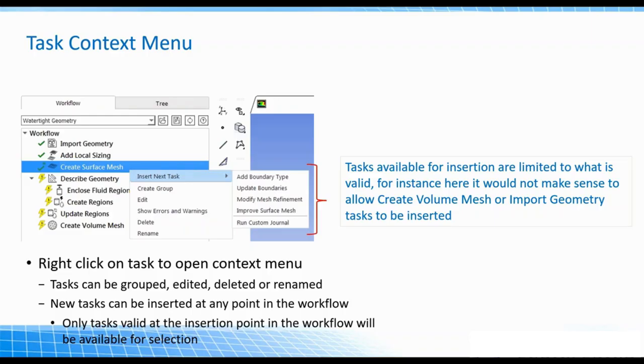For example, if you've already imported a geometry, it doesn't make sense to import the geometry again, so that step doesn't show up in the list of tasks that you can add. This helps the workflow be more streamlined and more focused, and will prevent you from getting lost in doing steps that don't make sense or don't add to your workflow, and keep you moving forward.